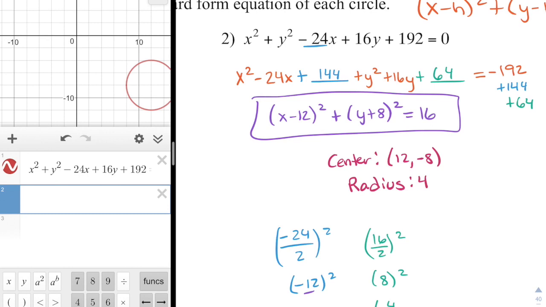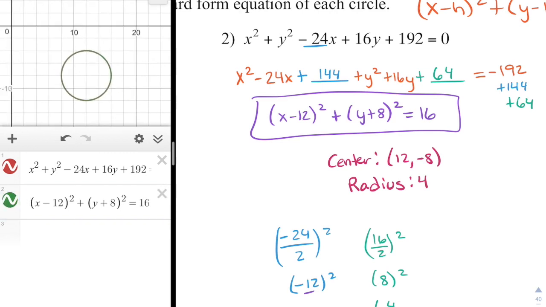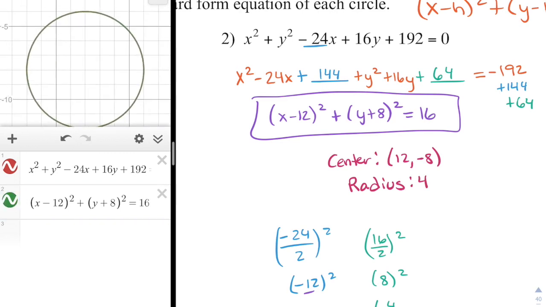Oh no, it disappeared. Oh well, let's try it again. X minus 12 squared plus y plus 8 squared equals 16. And right there, you see it overlaps the circle.